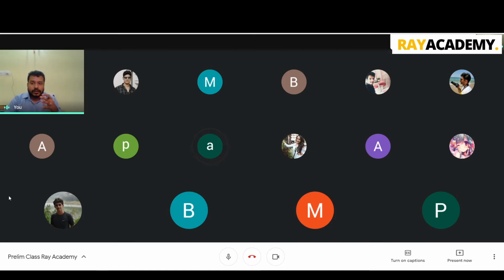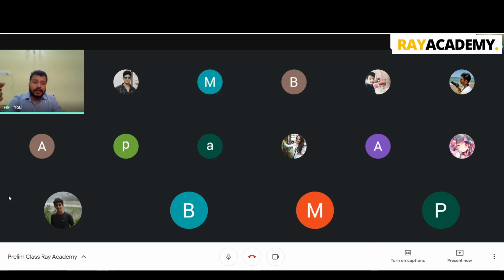If you happen to be from a humanity background, not that strong in mathematics but strong in comprehension, you should focus more on that. I'm not saying that you should ignore the other; I'm telling you to focus comparatively. You should have a bare minimum of mathematics, but focus more on comprehension.